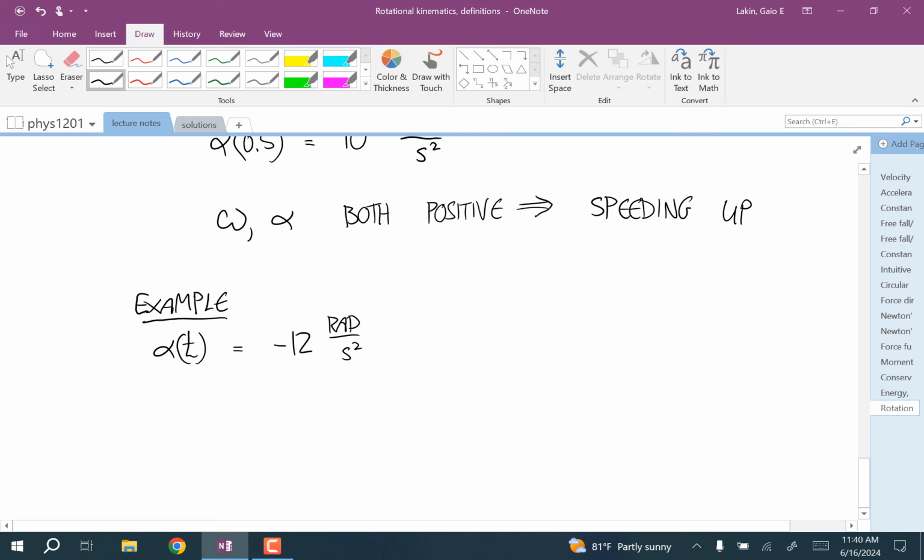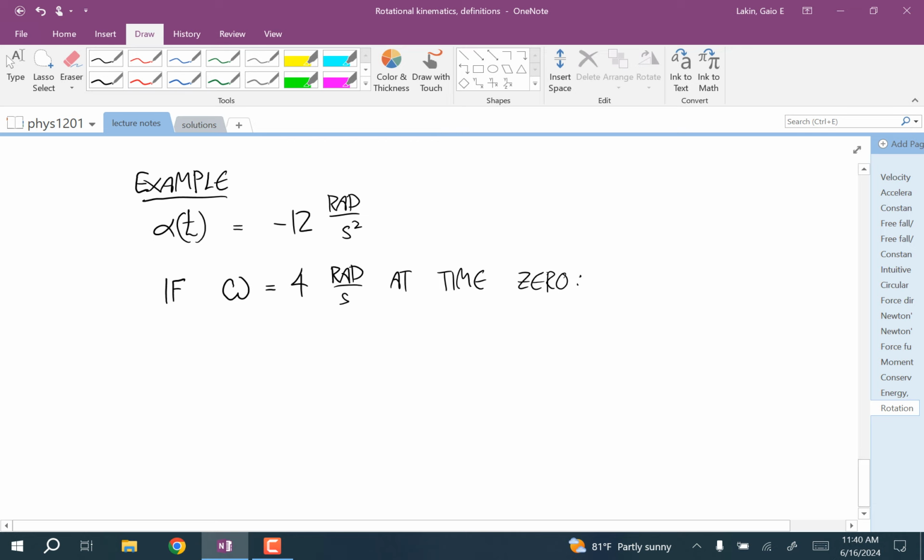And so if we know that omega is equal to 4 radians per second at time 0, then first we want to calculate omega as a function of time.